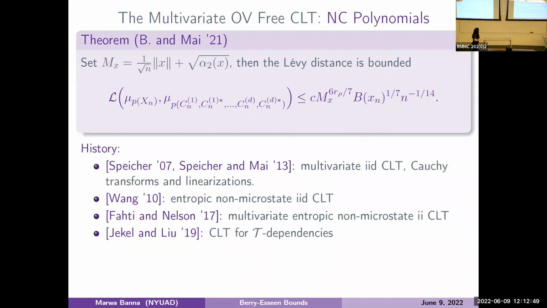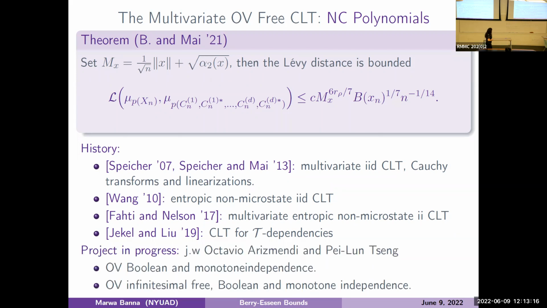And Jekyll and Leo, who have a central limit theorem for T dependencies. They obtain the same speed of convergence, 1 over square root of n, as we obtain, but their bounds are only on the level of the operator norm. Their estimates cannot be passed to obtain bounds on the Levy and Kolmogorov distance.